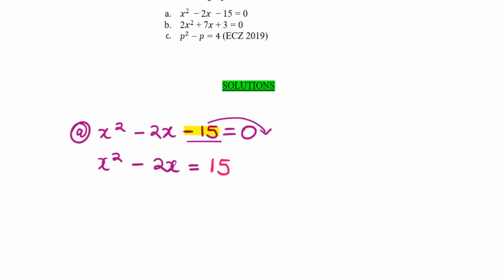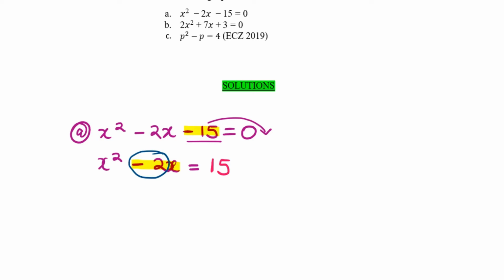From there, you can now consider the number with the lowest power, the number that has got x. In this case, we are talking about the number that is in front of x, which is negative 2. Then we need to get half of negative 2.